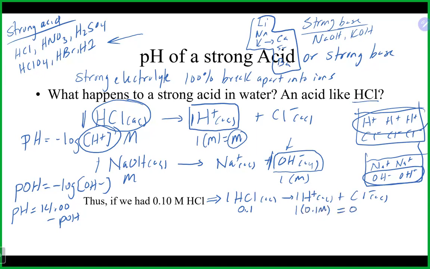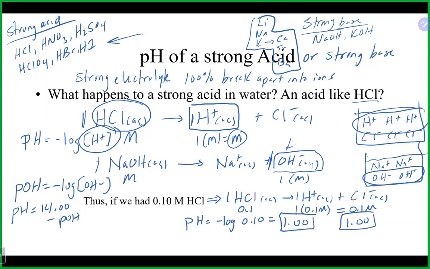And in this case, we will end up with 0.1 molar. That then can go into our pH equation, minus the log of 0.1 molar. And that is going to get us a pH of 1.00.